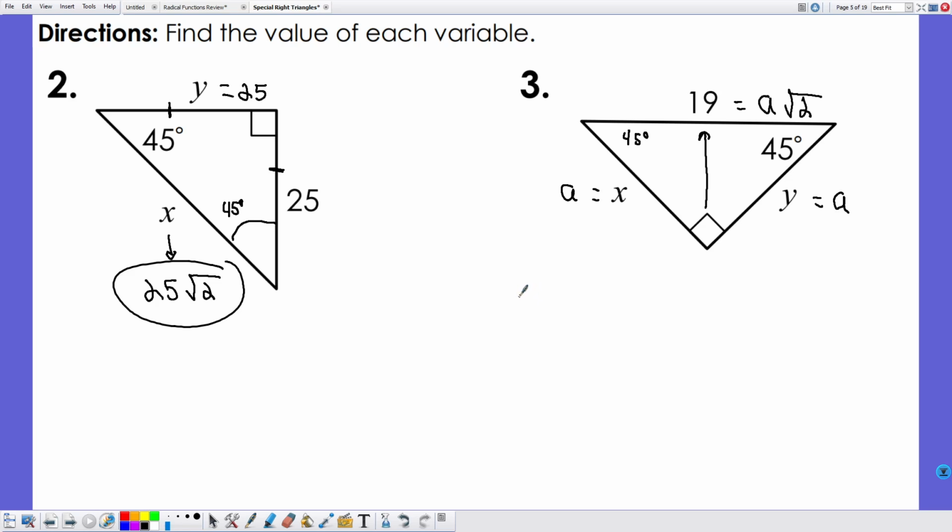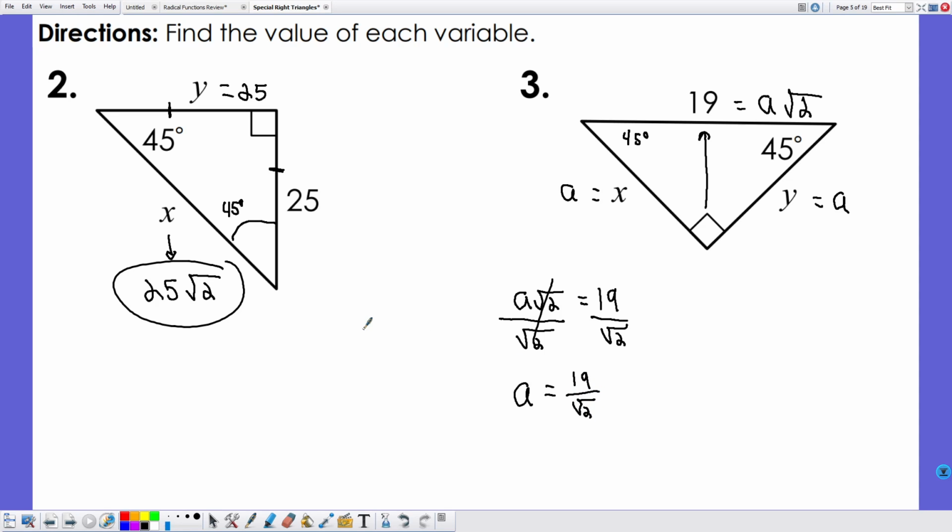I know that a times the square root of 2 is equal to 19. I want to solve for the regular side a, the two legs. To get a by itself, I can divide by the square root of 2. These cancel out, and we're left with a equals 19 over the square root of 2.